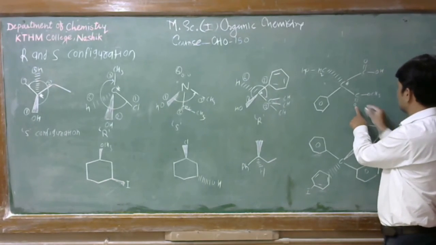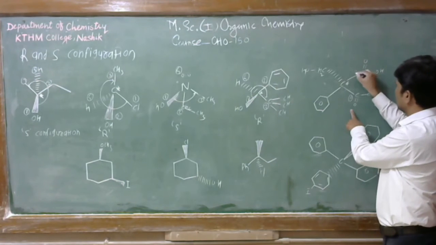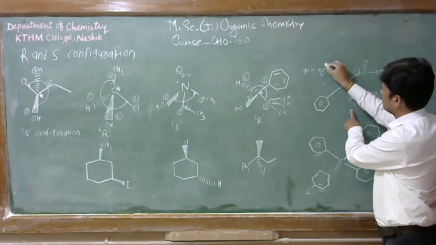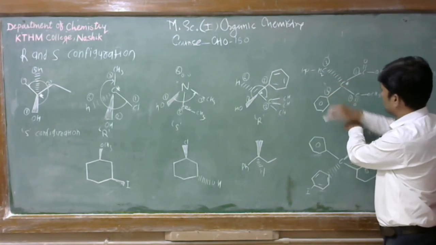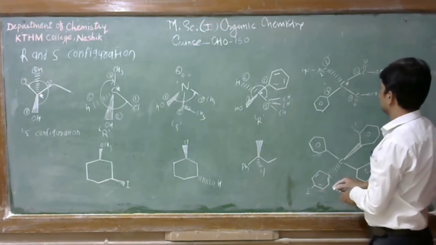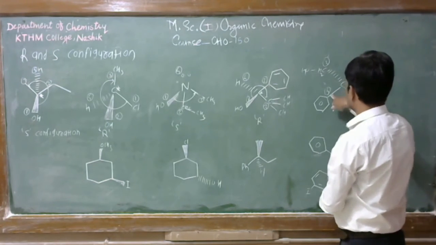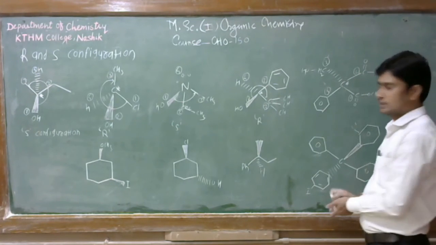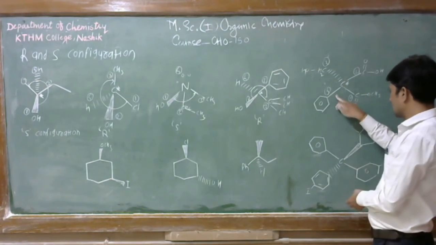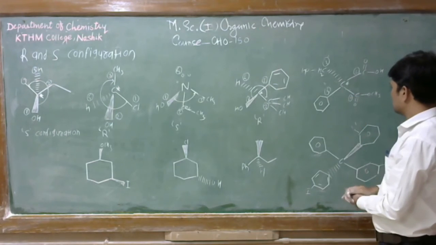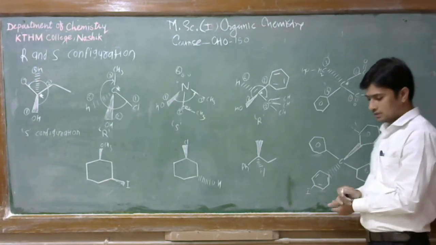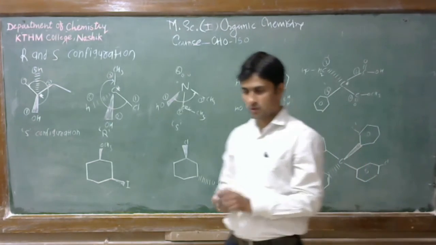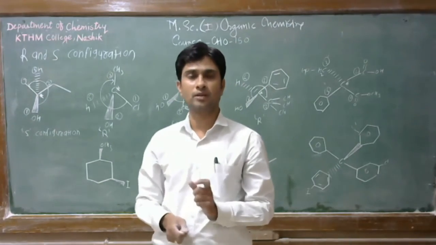But here is the CH3, therefore it has first priority, it has second priority, it has third priority, and it has fourth priority. See here, this least priority group is not towards the back side because it is not denoted by the dotted line, and hence we have to change this configuration. It means there is one rule in the Cahn-Ingold-Prelog system.